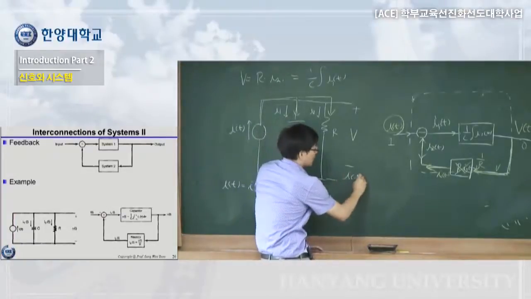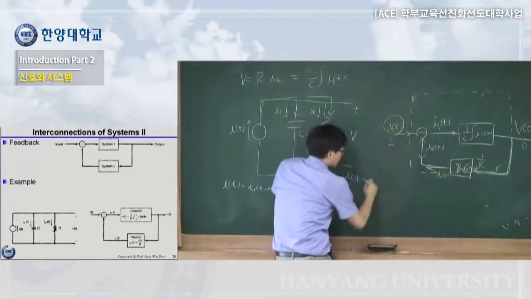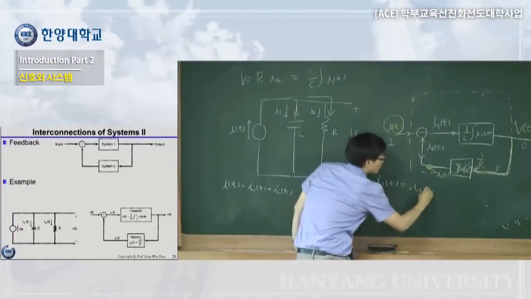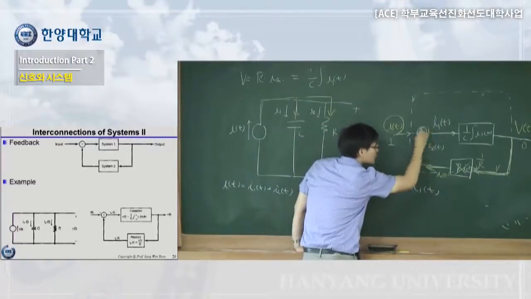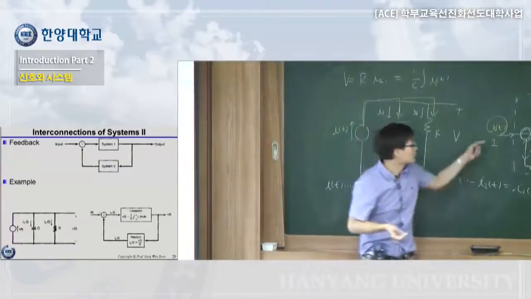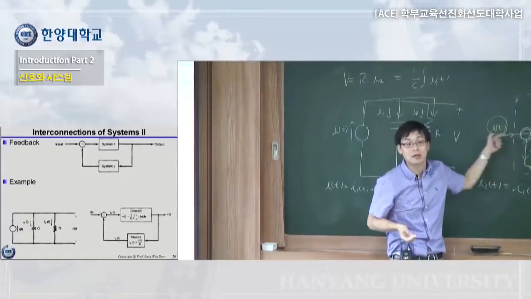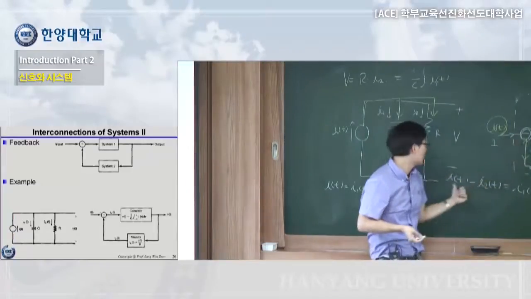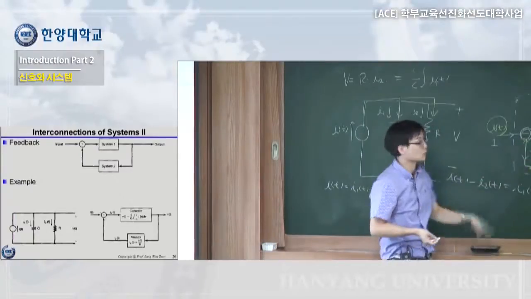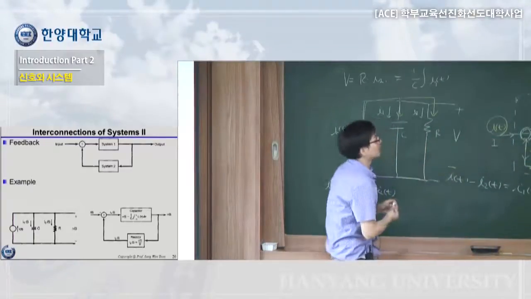So in here, I minus I2 becomes I1T. Because this small circle is also a system. So this and this is input to the system. They're coming from different direction. If they're minus, we subtract them together and then find the output.